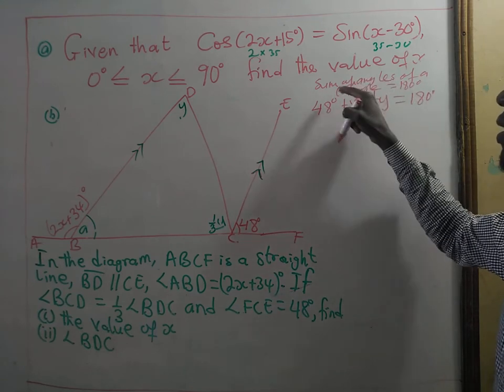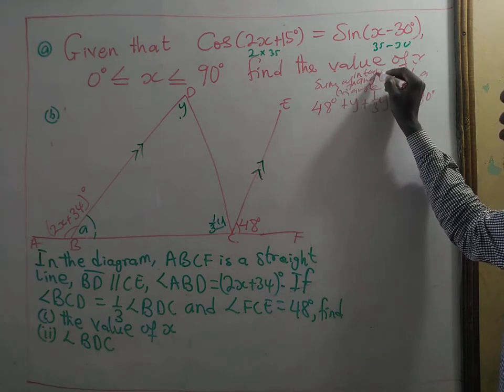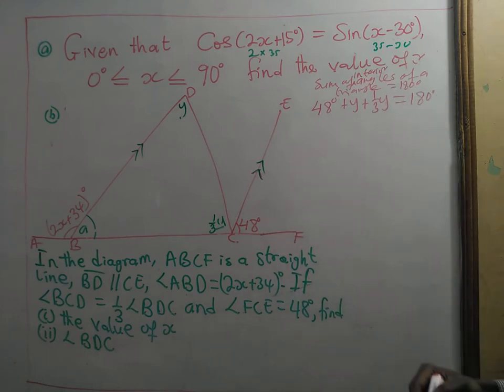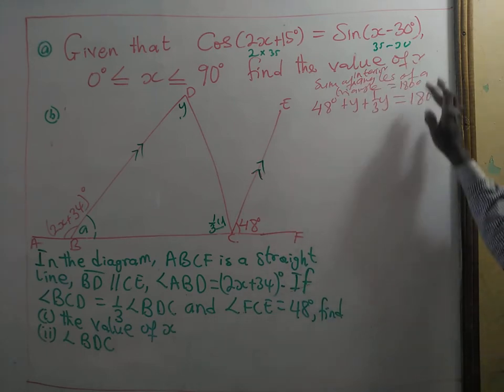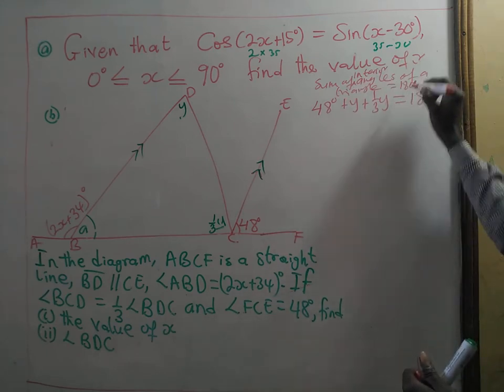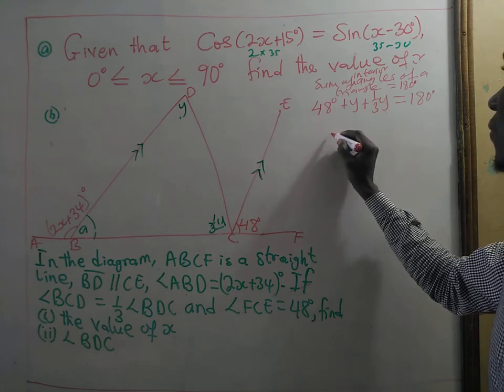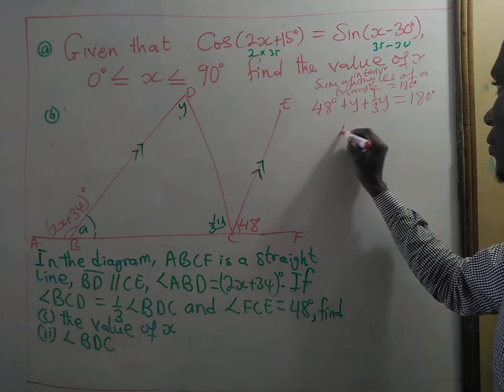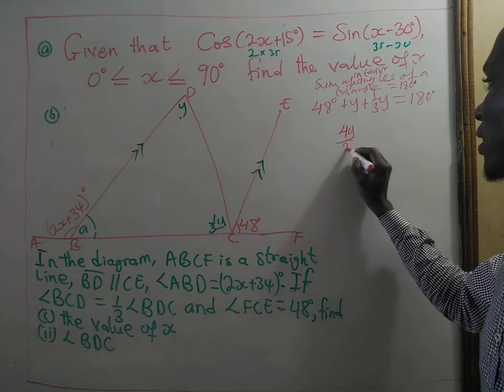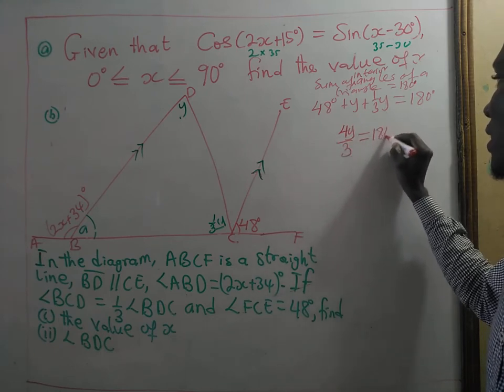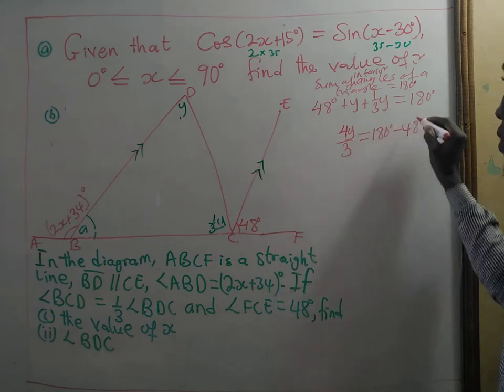Remember to bring interior. Sum of interior angles of a triangle equal to 180 degrees. So here I have 4y on 3 equal to 180 degrees minus 48 degrees.